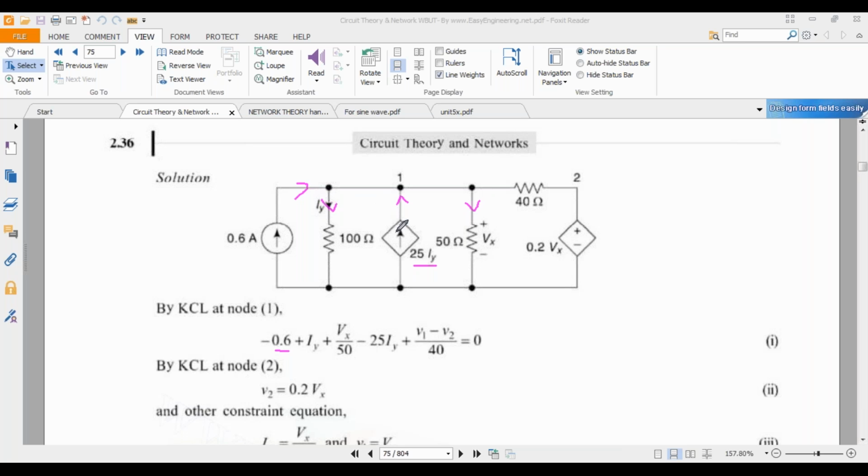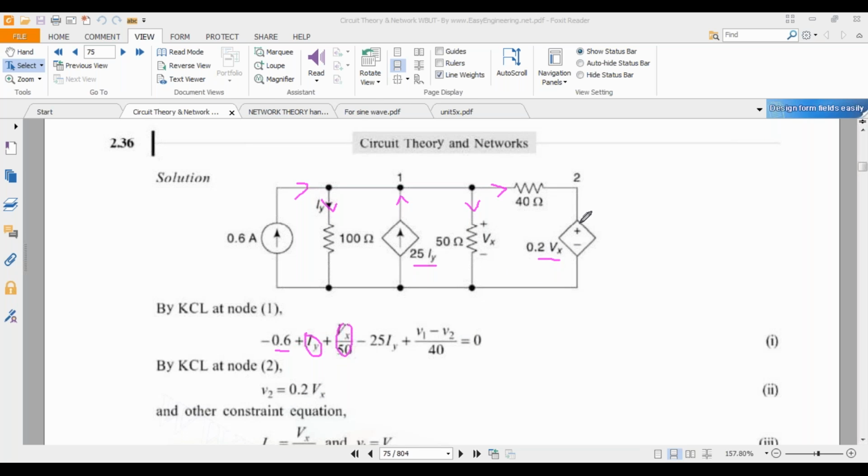So these are outgoing currents. Vx by 50 is the outgoing current, and Iy is also an outgoing current, and V1 minus V2 by 40, that is this voltage source.